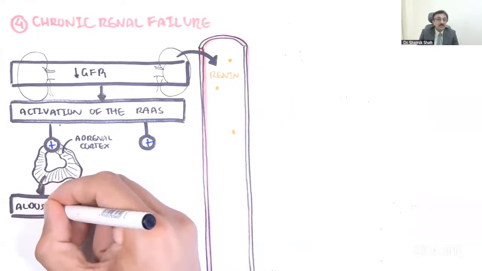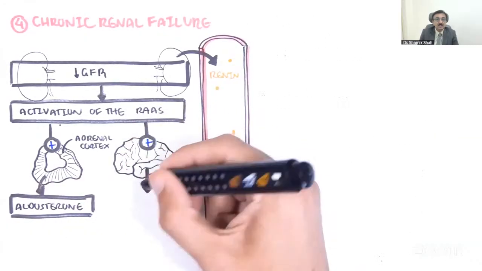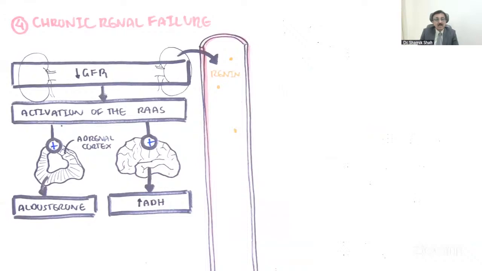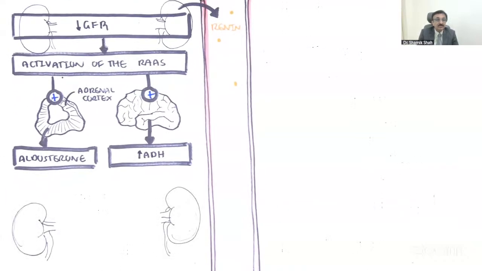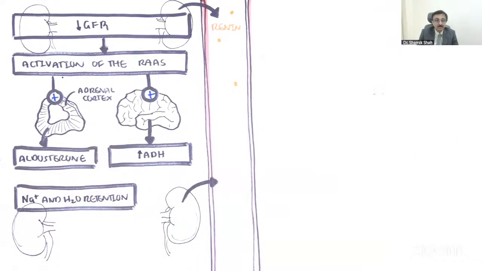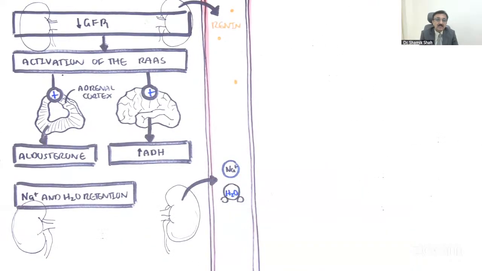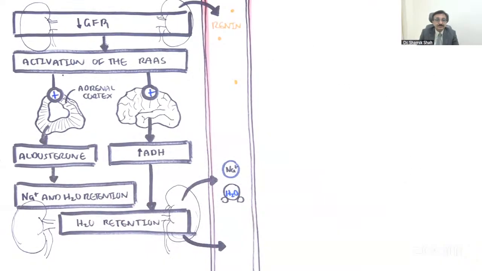There is a stimulation of the adrenal cortex, which releases aldosterone, and there is a stimulation in the hypothalamus, which causes increased secretion of antidiuretic hormone. Now, both these hormones, we know that they play an important role in sodium and water retention. So there will be increased retention of sodium as well as water.